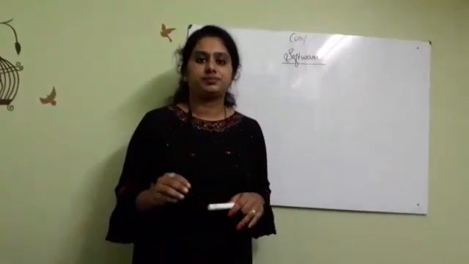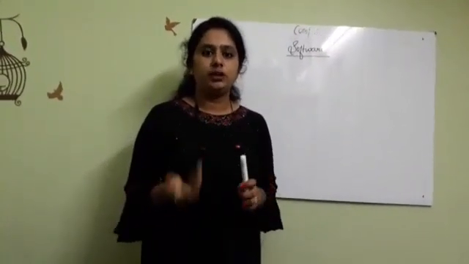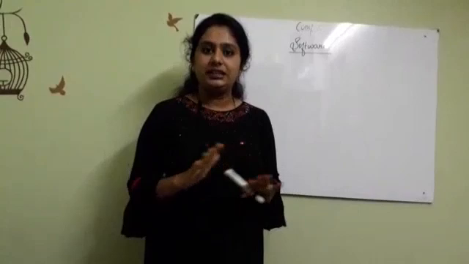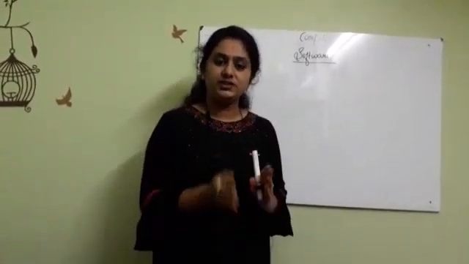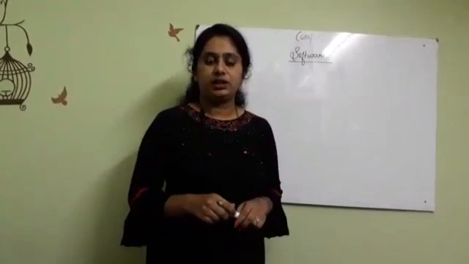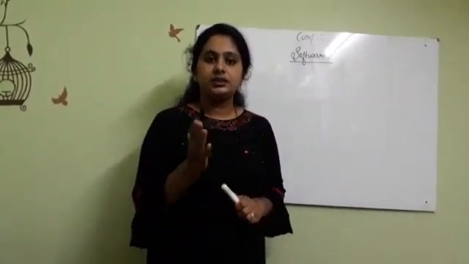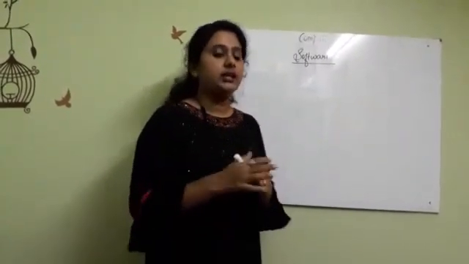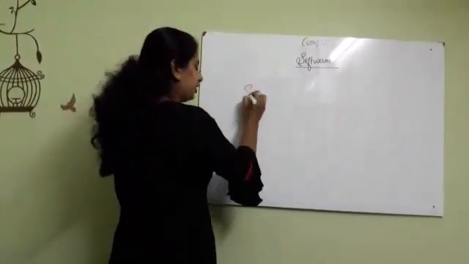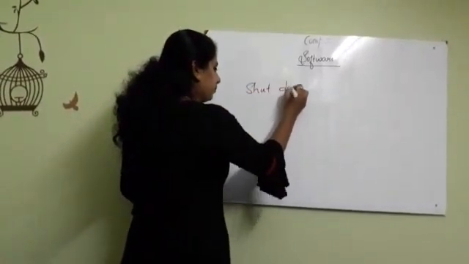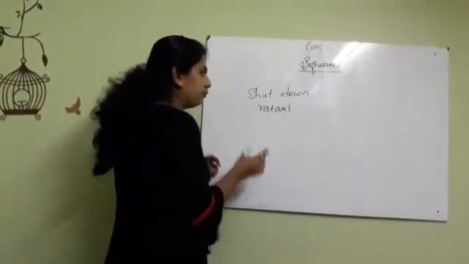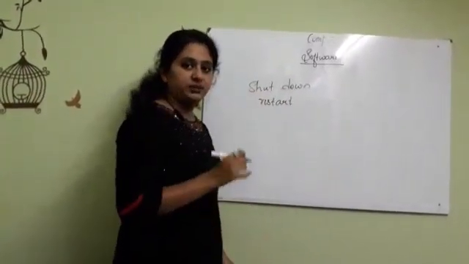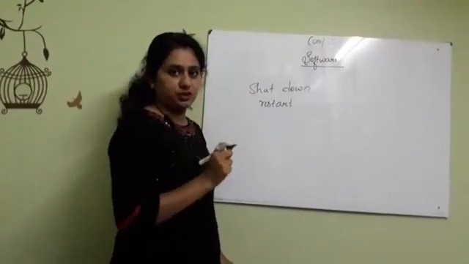Okay, listen. Computer is an electronic machine. It does not have any intelligence of its own. If you want to work with a computer, we have to give the instructions, then only we can work with the computer. How are we giving instructions? Through our software. For example, if you want to shut down the computer or restart, for any of these activities, we have to follow some instructions.